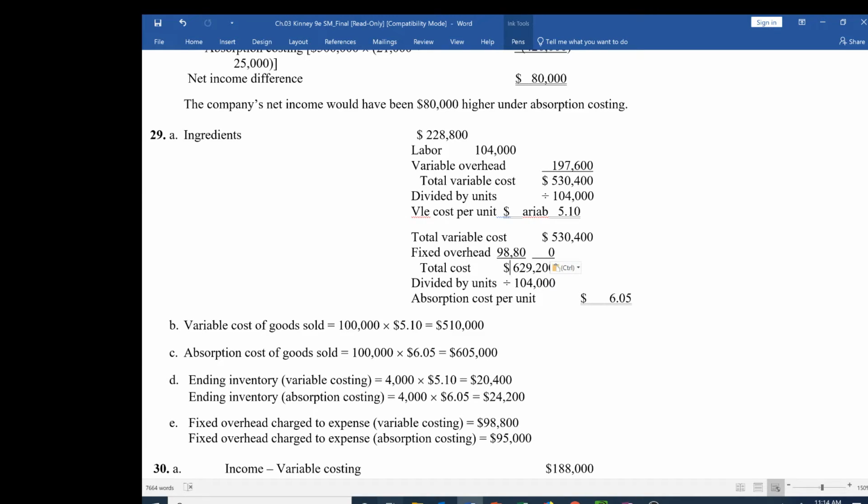You pay tax on $490. Here, you pay taxes on how much? $395. Now, Jessica, what would be the best answer? C. For tax purposes, absorption costing. D, ending inventory under variable costing, 4,000 times the 510, and ending inventory under absorption, 4,000 times the 605.